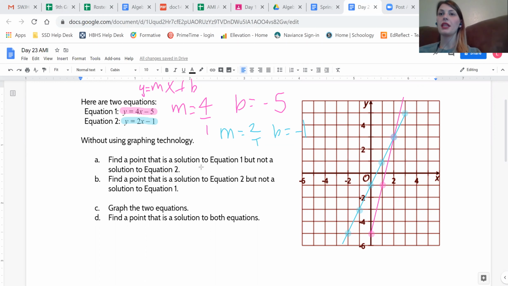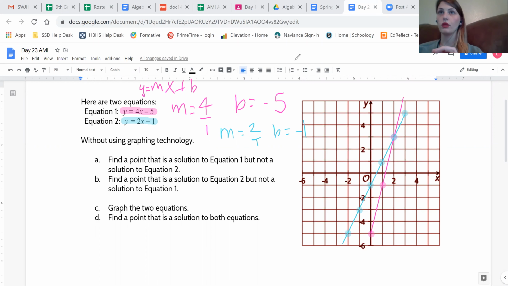It says find a point that is a solution to equation 1, but not a solution to equation 2. Our first equation is that pink line, and really, they only have one point in common. They only have one solution because their slopes aren't the same, so they're just going to intersect at one place. So we can choose any other point besides the one that they have in common.